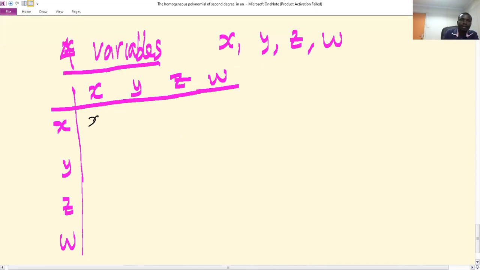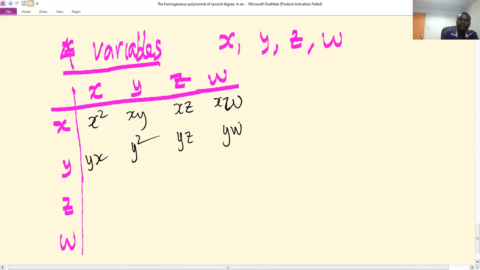X by x is x squared, x by y is xy, x by z is xz, x by w is xw, y by x is yx, y by y is y squared, y by z is yz, y by w is yw. Z by x is zx, z by y is zy, z by z is z squared, z by w is zw.